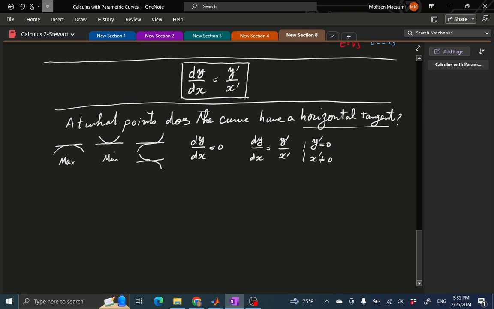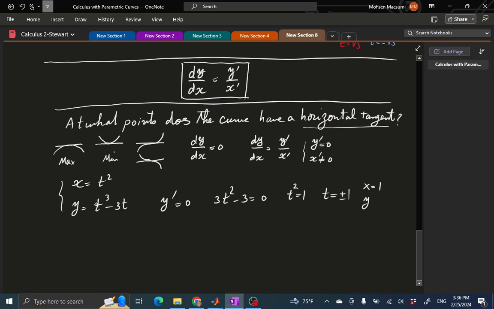So in our situation, again, let's remember that x was t squared and y was t cubed minus 3t. We are looking at the same curve. So the recipe for this is y prime equal to 0, so 3t squared minus 3 is equal to 0, which tells us t squared is equal to 1, so t is equal to plus or minus 1, which tells us x is 1.